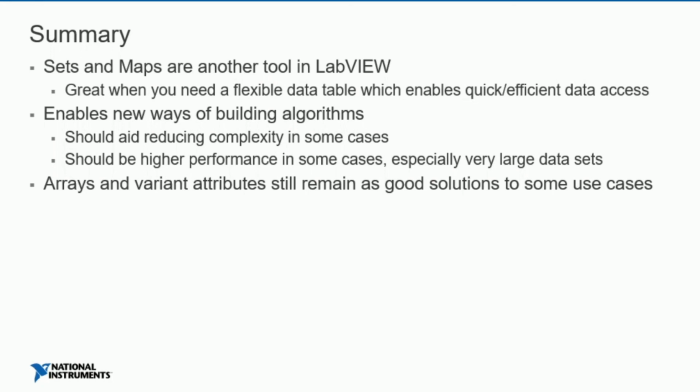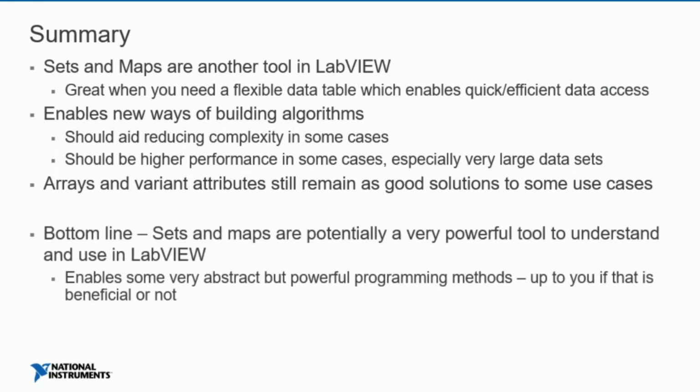Those should be much quicker and easier to program using maps and sets now. So in some areas, they should reduce complexity. In some areas, they should be high performance, especially if you have very large data sets, but they don't eliminate arrays or variant attributes at all.